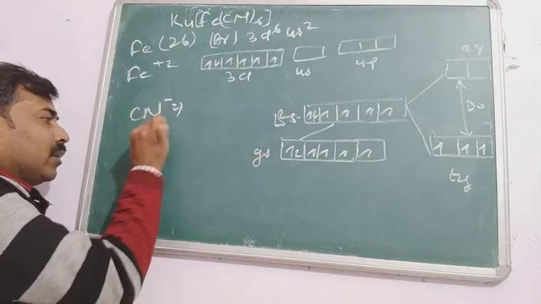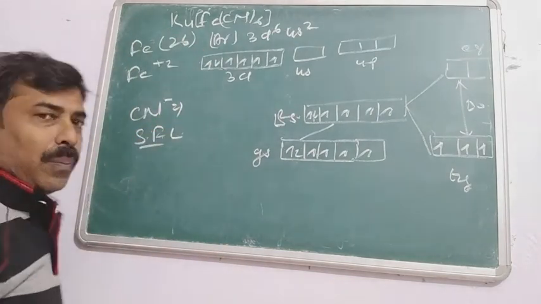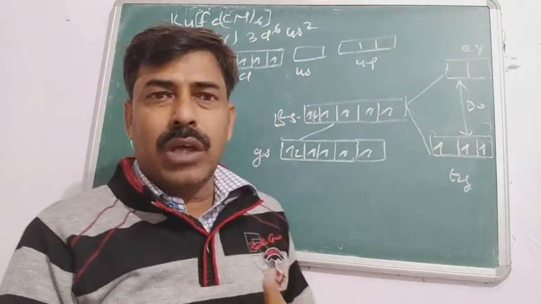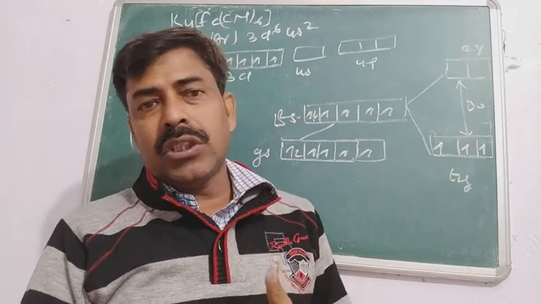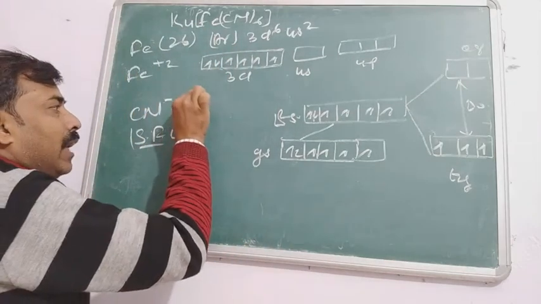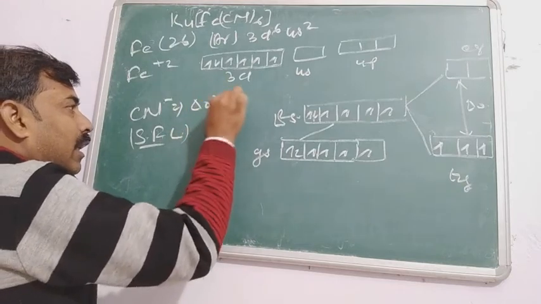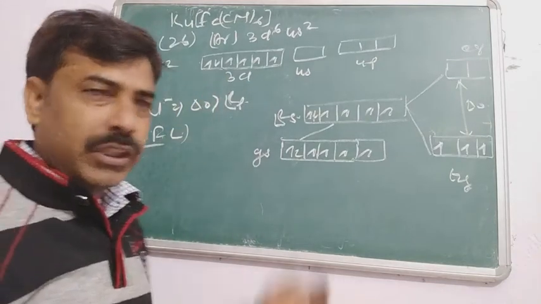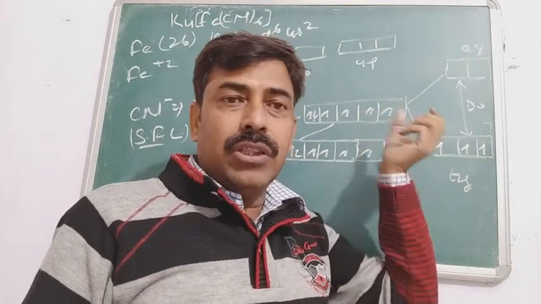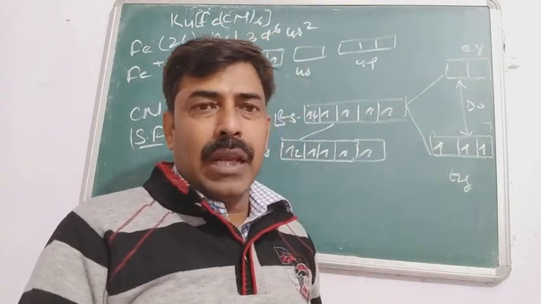When you see the spectrochemical series, you will find that it is a strong field ligand, coming just before carbon monoxide, which is the strongest in the series. So the condition is that delta naught is greater than the pairing energy. See, the energy needed for splitting is greater than the energy needed for pairing of the electrons.